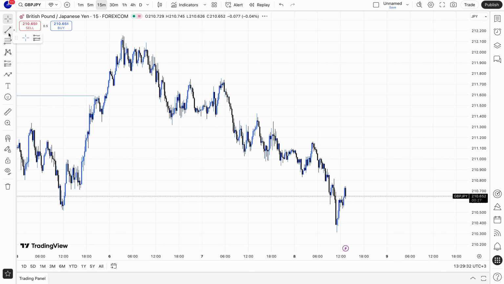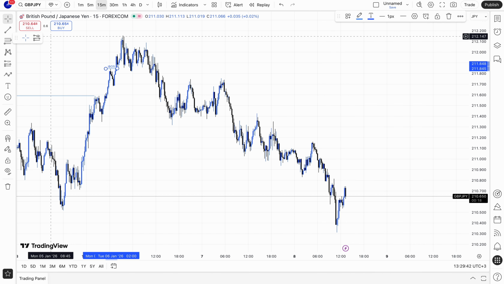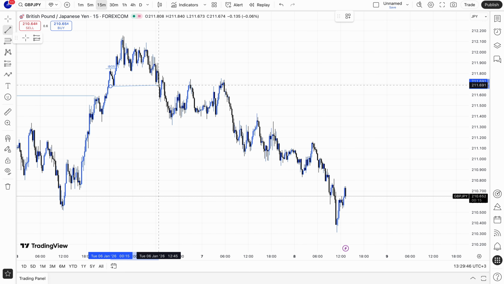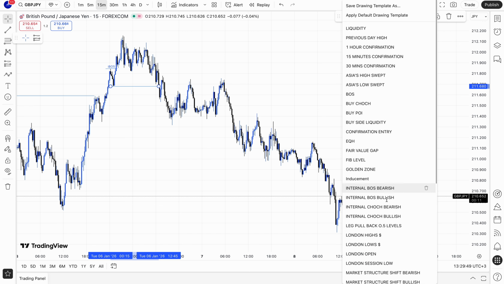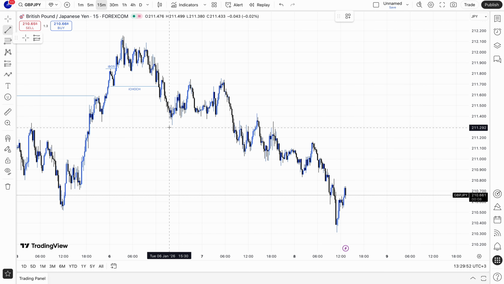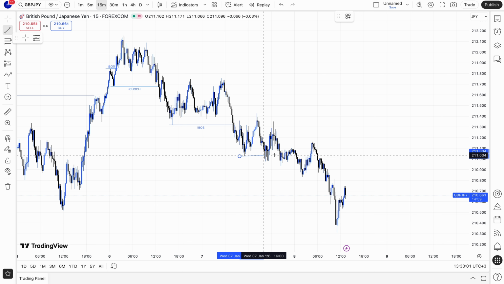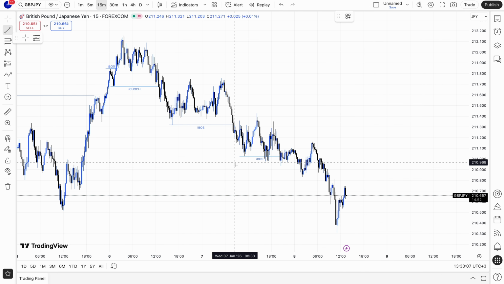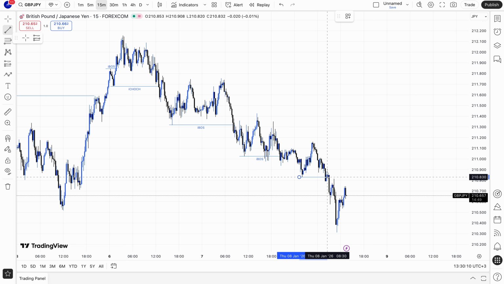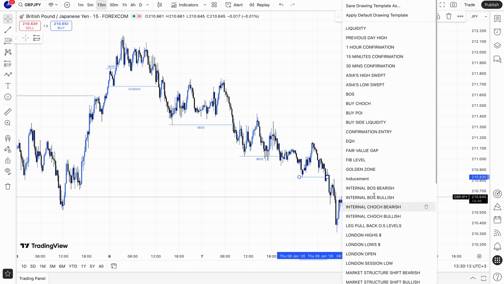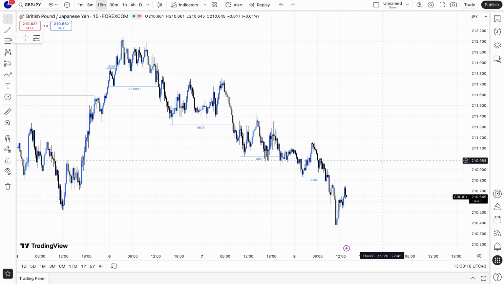Then you have to go to internal structure, and you have our break of structure to the upside, and then you have our change of character, our break of structure to the downside, and then you have our break of structure to the downside.